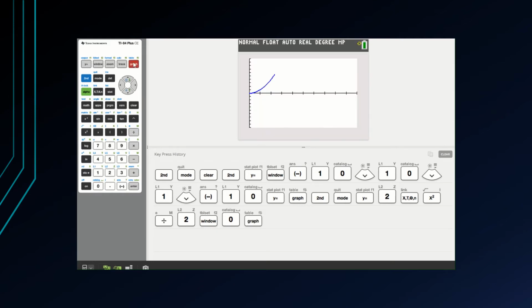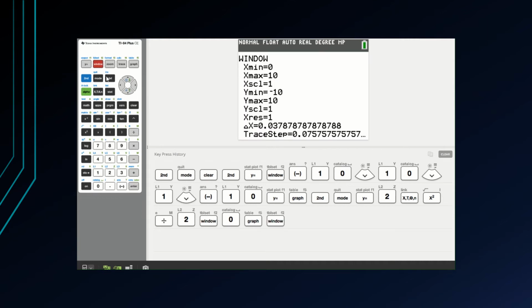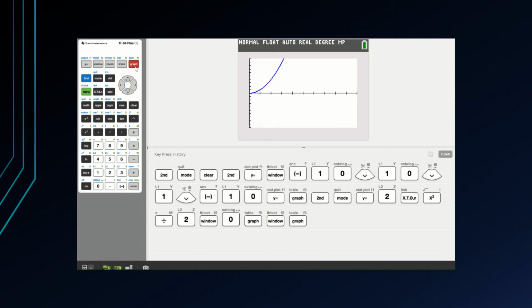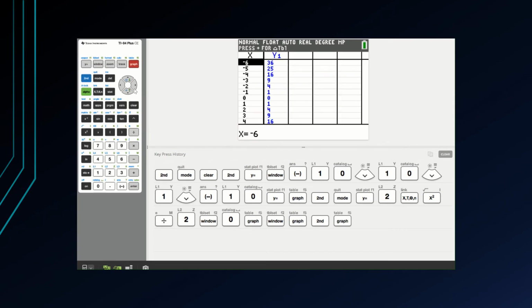And I'm going to go in here and take a look at my graph, and boom, there it goes. Okay, that's good. All right. And then if I go to my table right quick, second graph, and start scrolling down here in a positive direction, well, we did 2x squared over 2, so when x is 1, y is 1. When x is 2, y is 4.